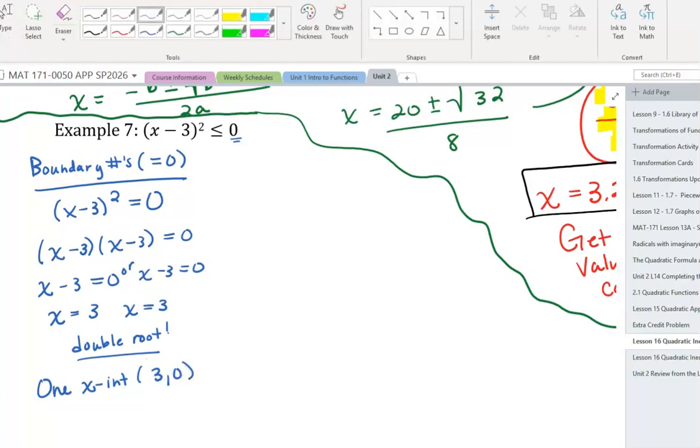So if we graph our quadratic function, or the parabola, we only have one x-intercept, and that's at 3. Now we need to figure out, is this going to open up or down? Remember that a, when it's written like this, is usually factored out here. And so the coefficient is positive, so it's going to open up.